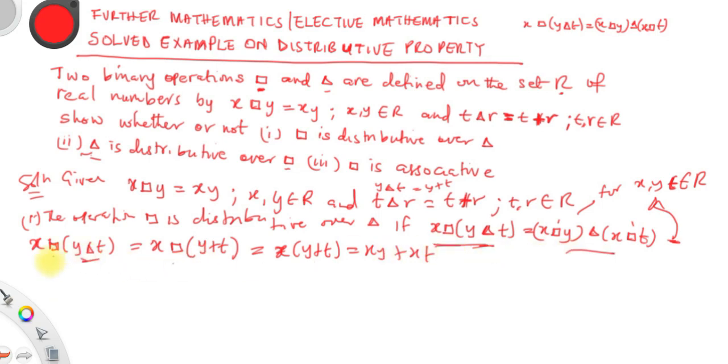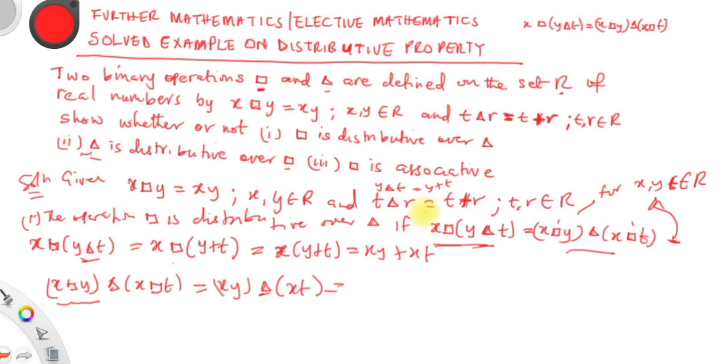We take this one. That one we have x square y, and then we have triangle, bracket x square t. So this is equal to, you take this x square y is xy, so this becomes xy, bracket, then we have triangle, bracket. Using x square t will also become xt. Yes. So then we go to the operation of the triangle.